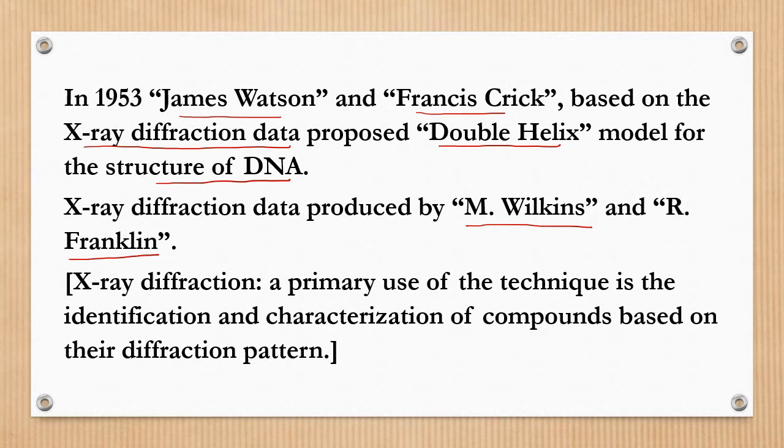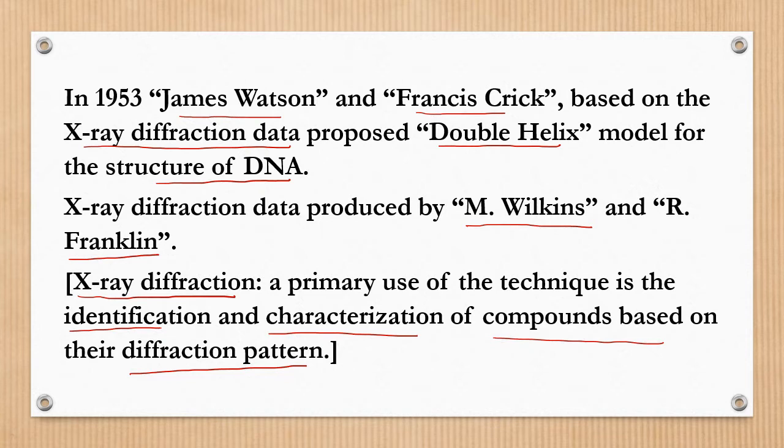So now, what does X-ray diffraction mean? A primary use of this technique is the identification and characterization of compounds based on their diffraction pattern. Diffraction means bending. So based on that bending pattern, they characterize or identify the compounds.